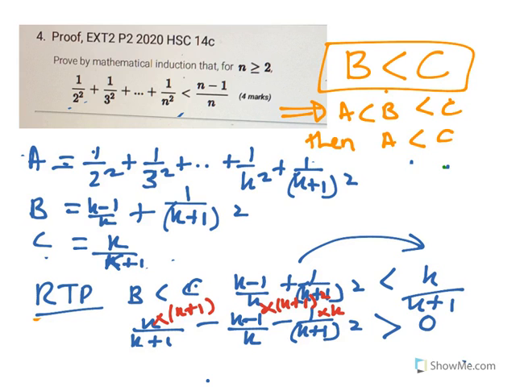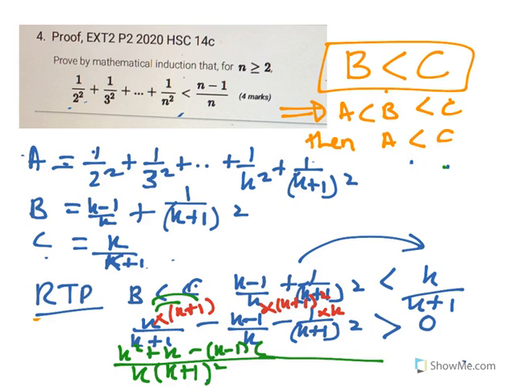Okay, so on the bottom, that's k plus 1 squared, k squared plus k, that's from there, minus k minus 1 times k squared plus 2k plus 1 minus k. Okay, so first of all, these k's will go out.